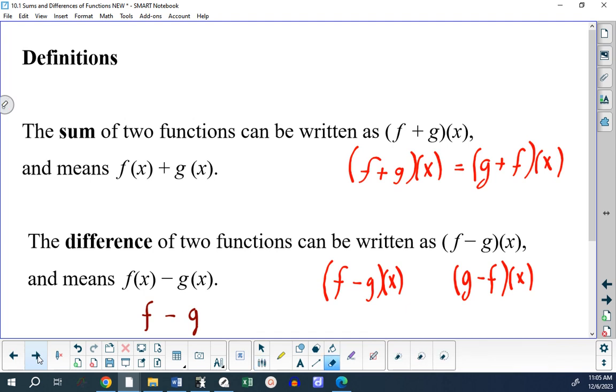But if I tell you f minus g is a function, and I tell you g minus f is a function, but they're not the same function, does anybody know how they're related? Brooke? Not inverses. We're kind of along the right track. Alex? Would they be reflections of each other? What kind of reflection? Vertical.